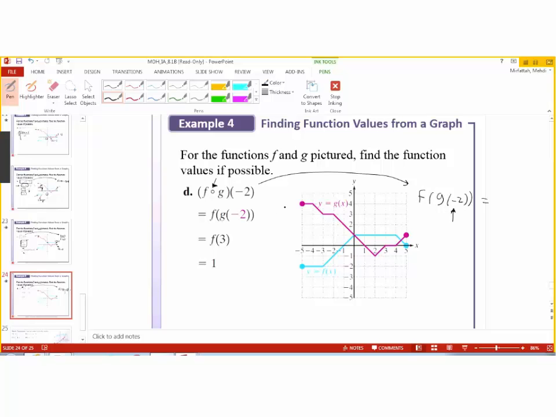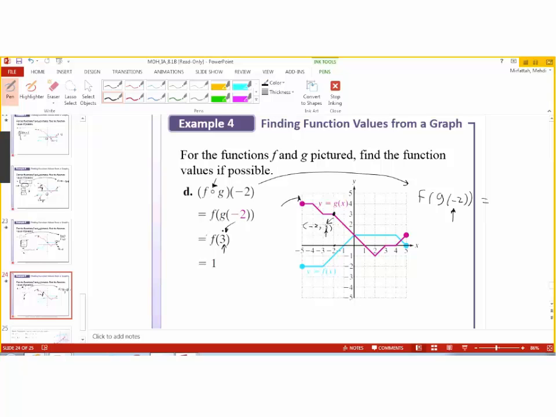So what is g of minus 2? You look at the g function with x equal to minus 2, which is right here. Where does it hit the y-axis? It is this point right there. So in the g function, when x equal to minus 2, y is equal to 3. So that's why this is 3.